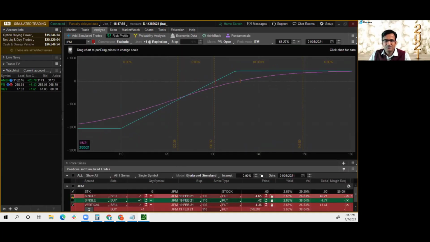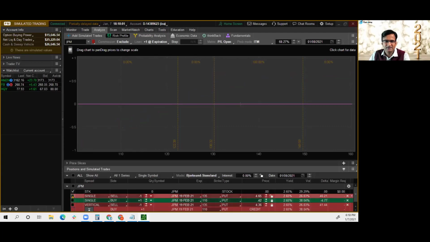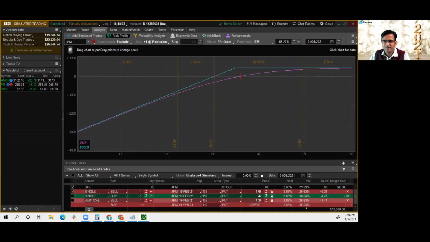So now let's look at what I had to give up for doing this trade. If I had not done the spread, if I had done this naked put, I was getting a premium of $4.65, meaning $465 of premium. But the amount of money that is being blocked is $13,500.